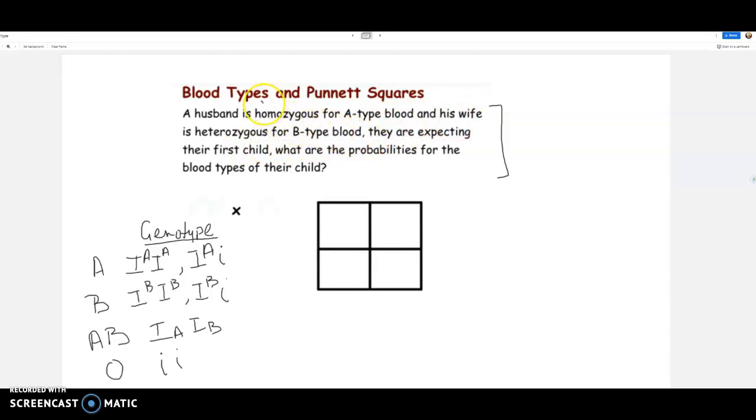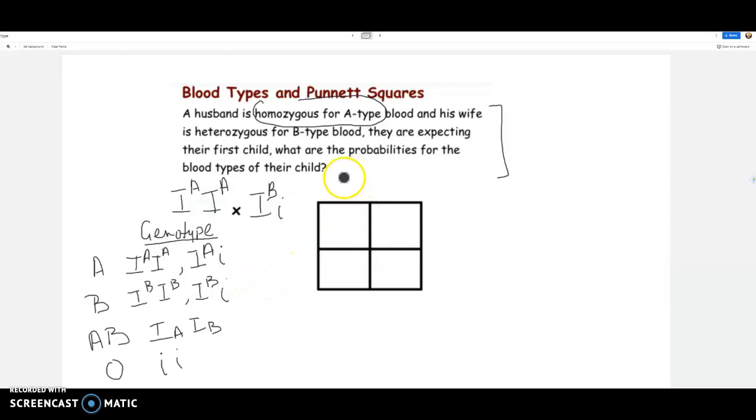Homozygous for A type means the husband is going to have the genotype I A I A. And the wife is heterozygous for B type blood, so we are going to write down I B and lowercase i. These are the two alleles for the genotypes of husband and wife. And it asks what are the probabilities for blood type for their child.